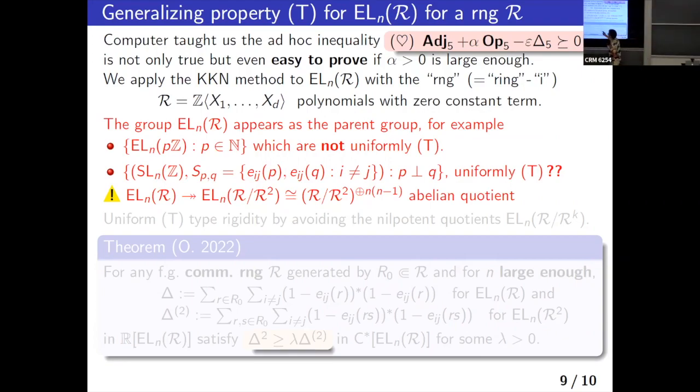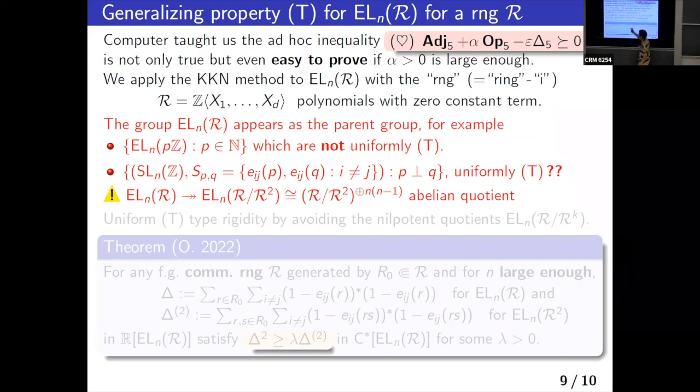The problem is that if you want to apply the outer product technique, you have to work with the outer product of this group, the outer product of this generating set. Then your ring is no longer unital. Yeah, you cannot make one out of p and q if p varies.